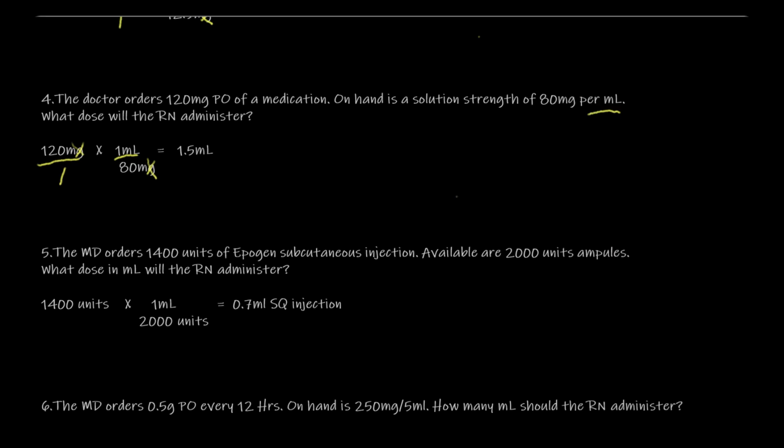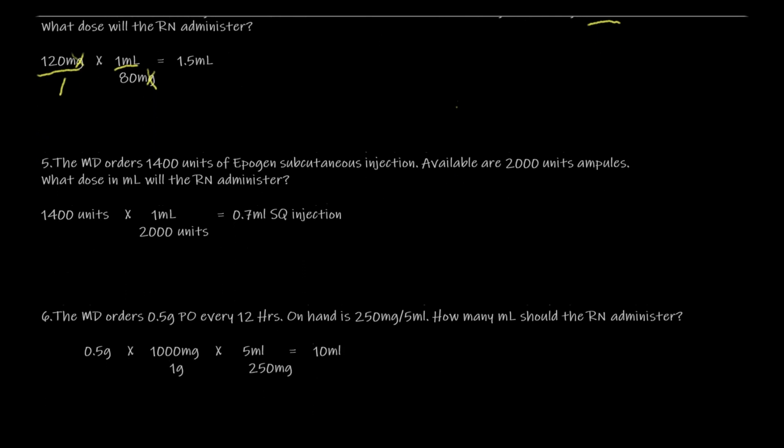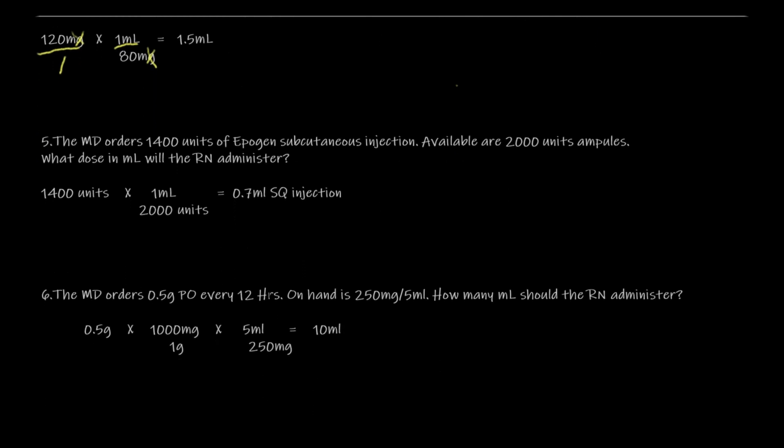Problem number 5. The MD orders 1,400 units of Epogen subcutaneous injection. Available are 2,000 unit ampules. What dose in mLs will the RN administer?